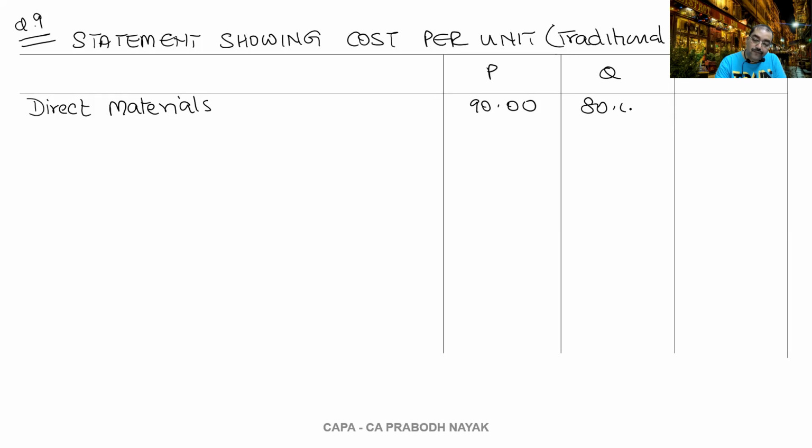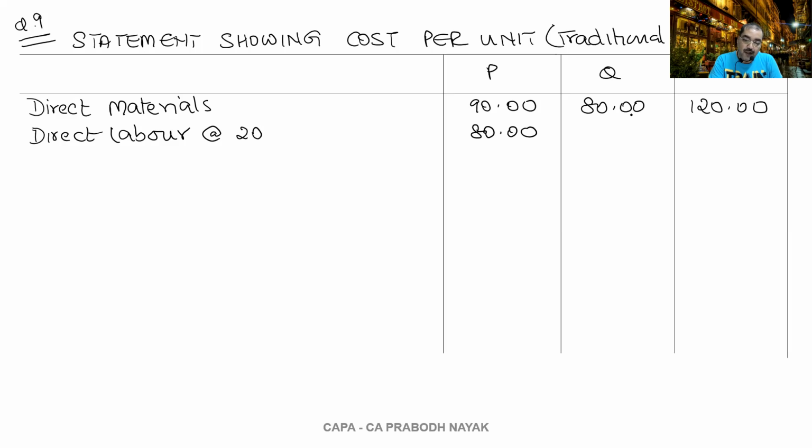Direct labor at 20 rupees per unit: 20 into 4, that is 80. 20 into 12, that is 240. 20 into 8, that is 160.